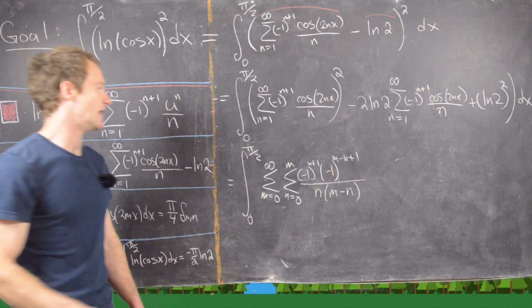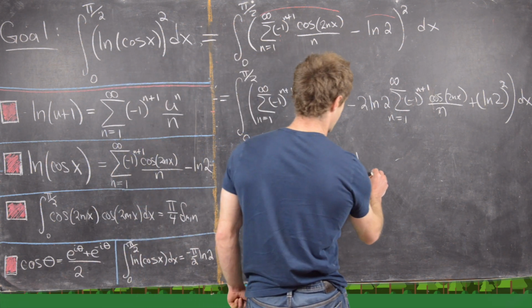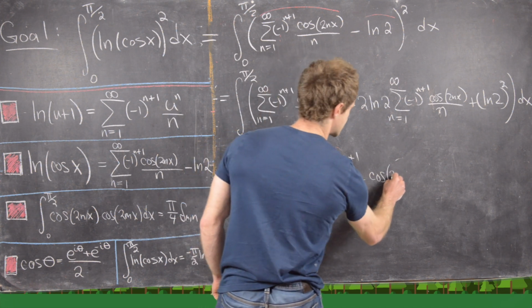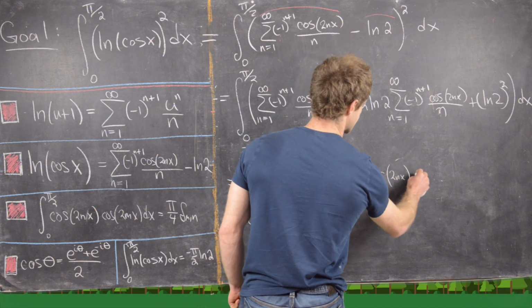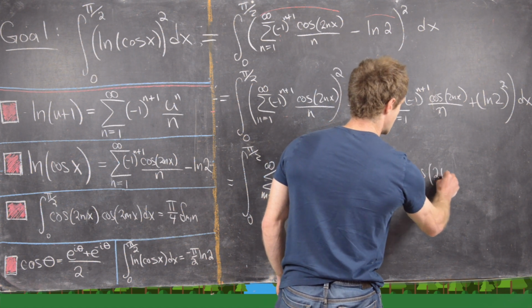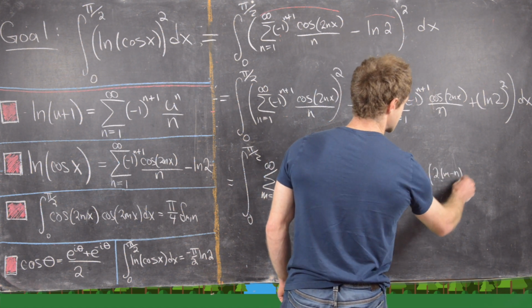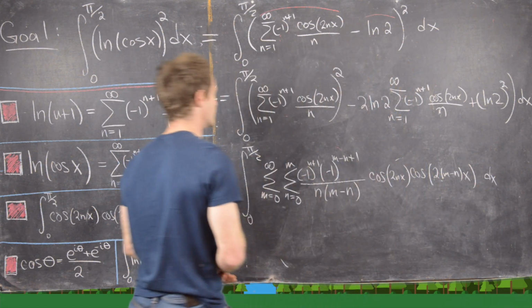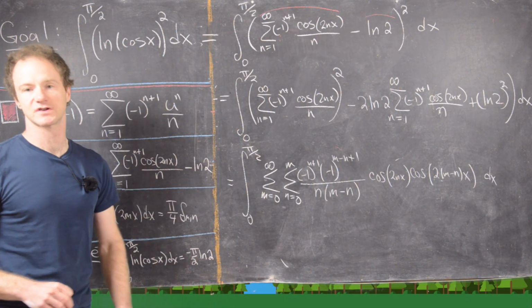Okay, good. And then next we're going to have cosine of 2nx times cosine of 2 times m minus n times x, and then dx. Okay, so what we have here, this is our first integral.